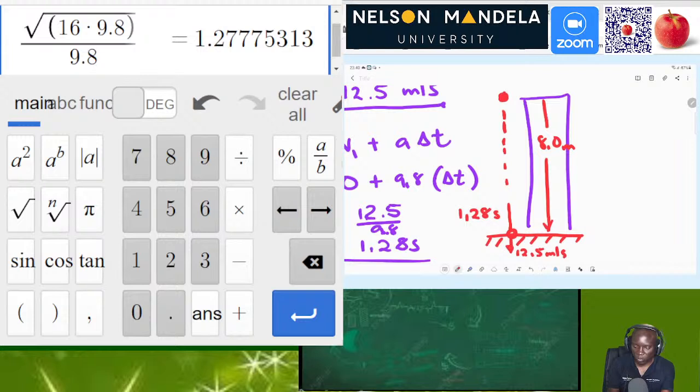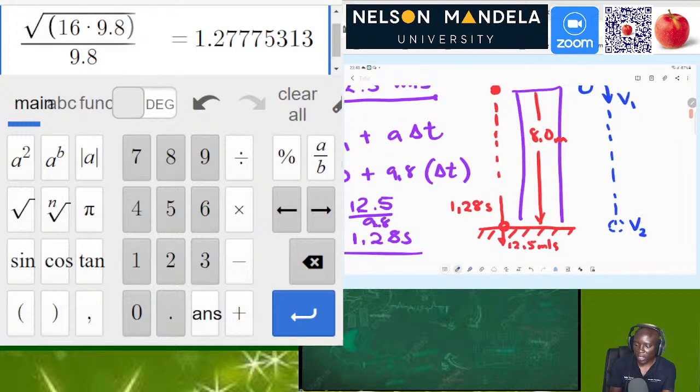Then we have another ball, ball B, which is thrown with an initial velocity v1 for ball B. Then it goes down, reaches the ground with the velocity v2, and it arrives at the same time.